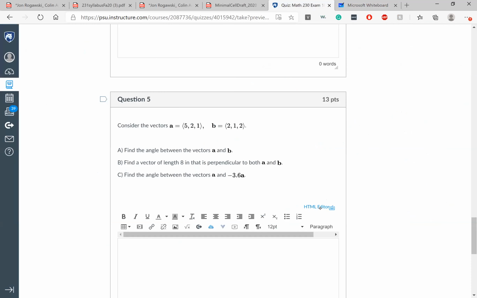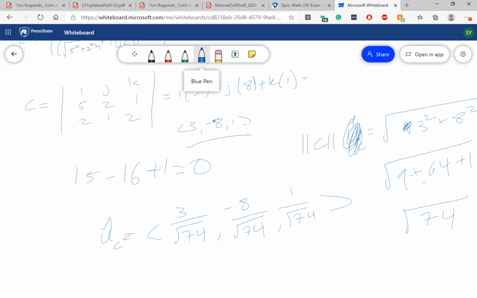Now, if we want this to be of length 8, we just multiply it by 8. So 8 times u c hat is equal to 24 over the square root of 74, negative 64 over the square root of 74, and 8 over the square root of 74. Any questions about this?